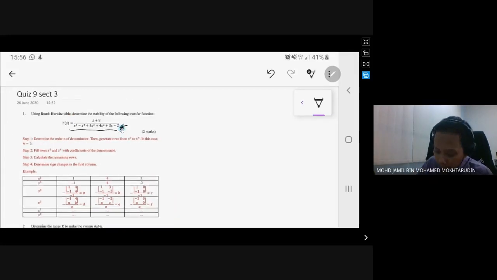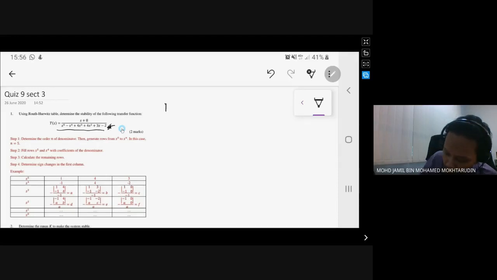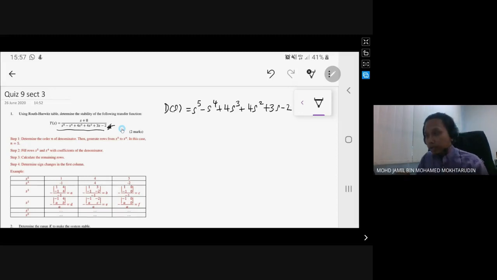Here the denominator is s^5 minus s^4 plus 4s^3 plus 4s^2 plus 3s minus 2. So you start with the row S5 because this is the highest power of the polynomial. So you start with S5 followed by S4.